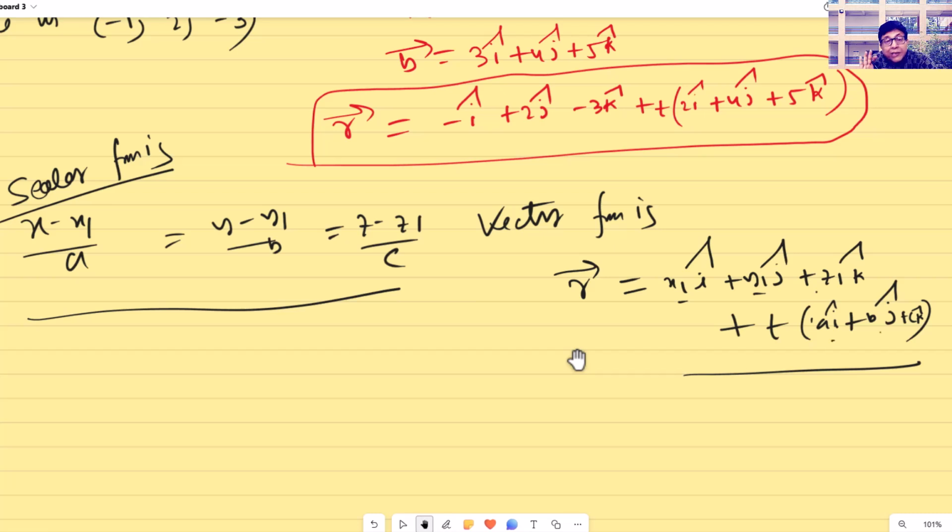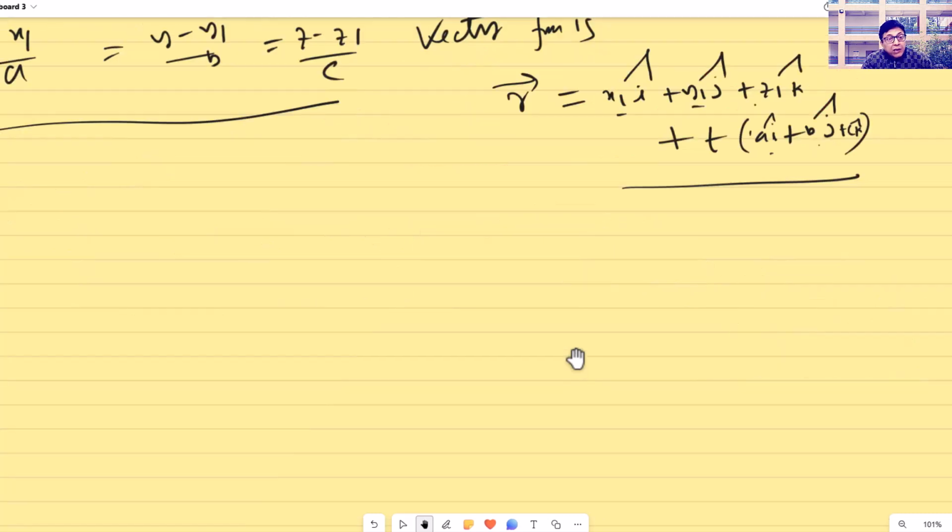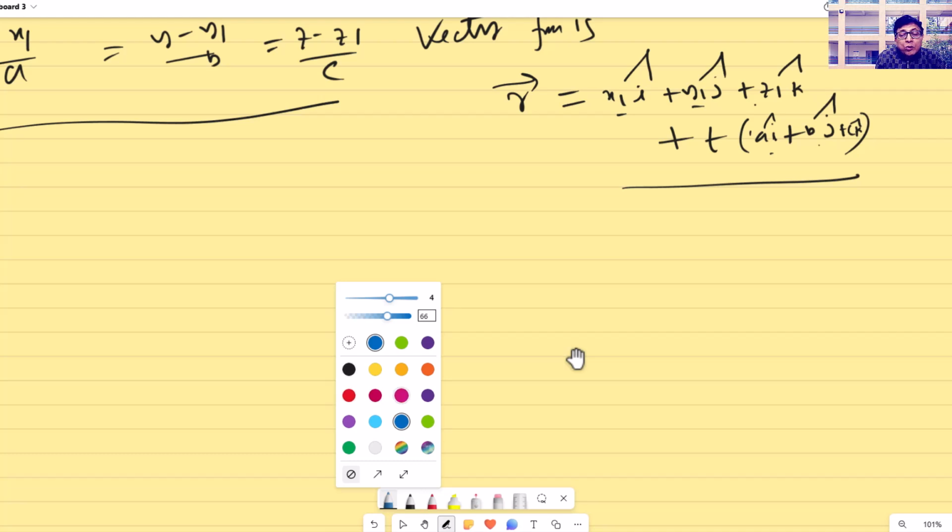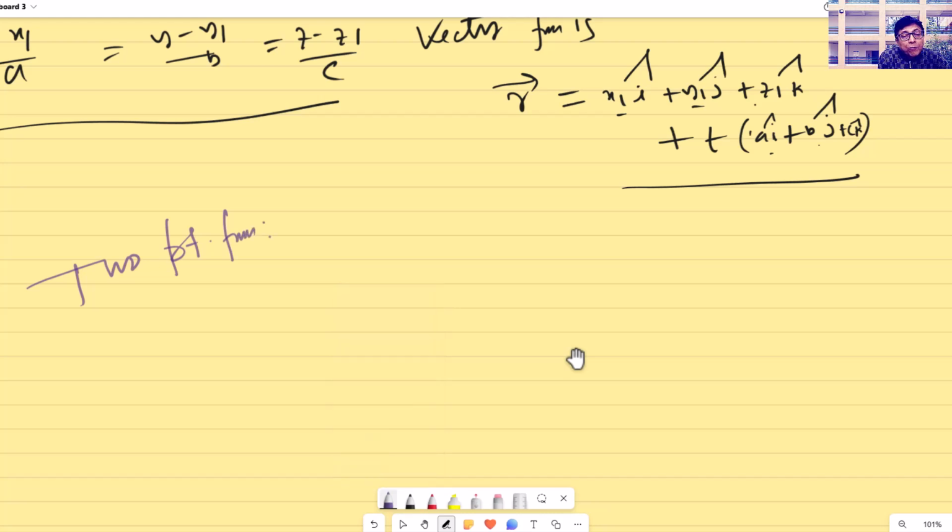Just by seeing it, you can write scalar to vector and vector to scalar form. Okay? Now we are going to write the 2-point form. What is that? 2-point form means the equation of a line passing through two given points. That we write as 2-point form.